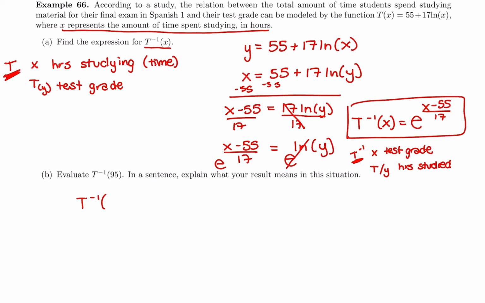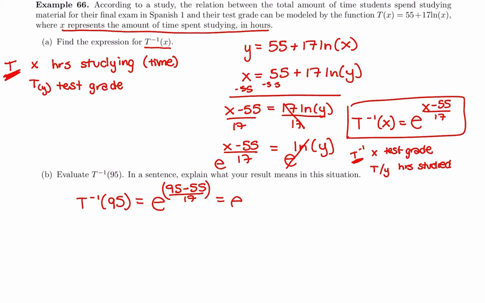So I have T inverse of 95, which is going to be e to the 95 minus 55 divided by 17. Which gives me, I might need to put this in parentheses depending upon my calculator.